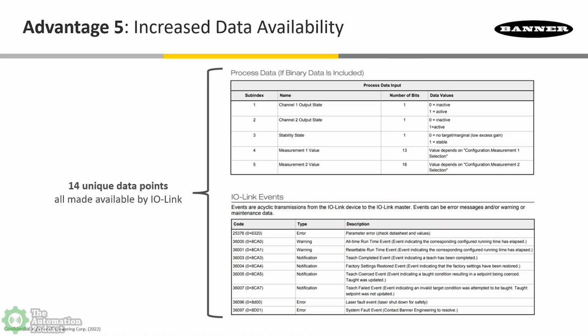The data availability that I talked about before with IO-Link is a really powerful advantage that has far-reaching implications. Access to sensor level data helps ensure smooth operation of system components. It streamlines device replacement with backup and restore mode, and it can help enable things like optimized machine maintenance schedules.